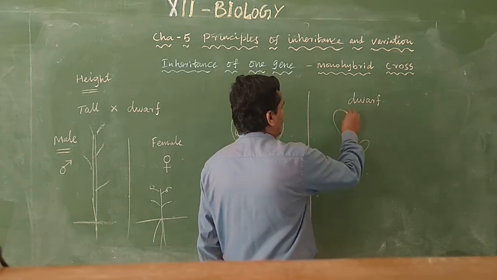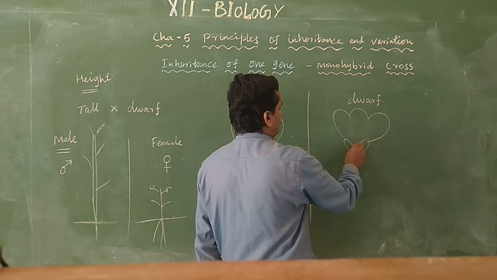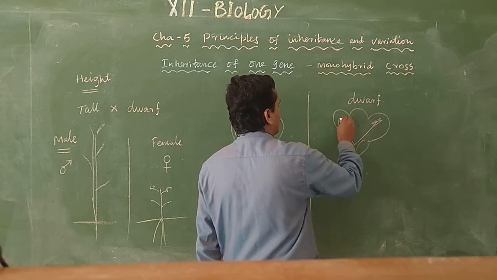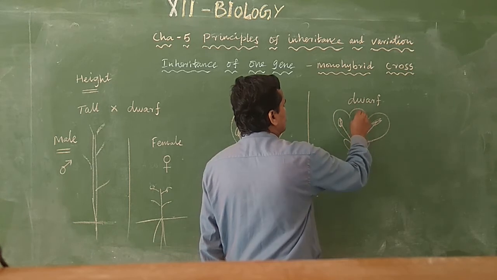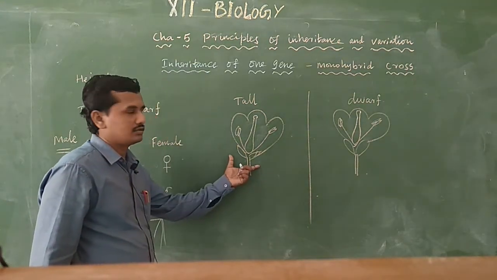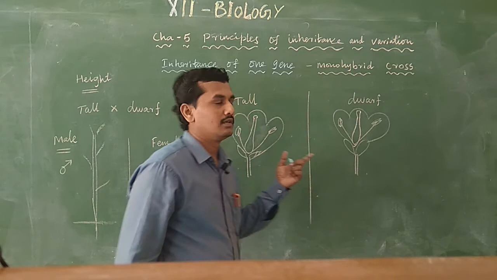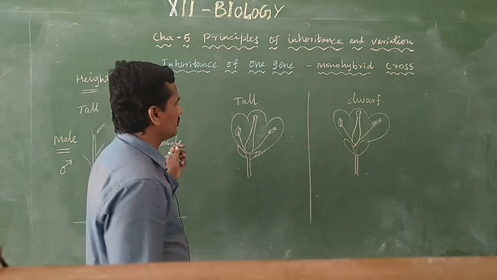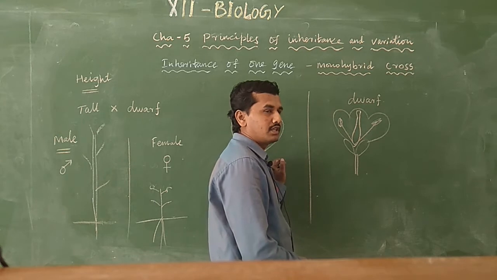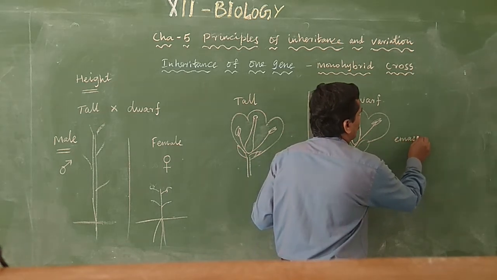There is no difference between tall plant flowers and dwarf plant flowers. Only the height differs, tall and dwarf, but the flower is the same. The dwarf plant also produces stamen and pistil. Mendel grew tall plants in one field and dwarf plants in another. The tall plant acts as the male. In the dwarf plant, by the emasculation procedure, which is the removal of the anther, the plant is prepared. What does emasculation mean?